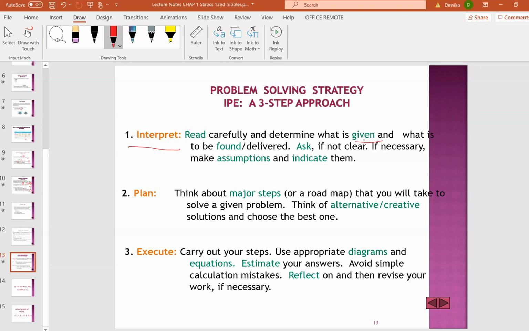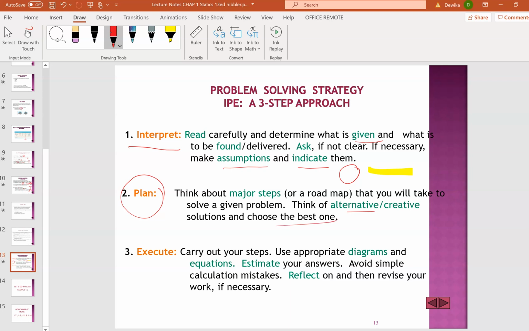If possible, you take a highlighter and highlight the points that are given, or circle the information that's given. Then you may need to make assumptions, and you indicate your assumptions. Next step would be to think about the major steps that you'll be taking to solve the given problem. You can think of alternative and creative solutions, or you choose the best one.